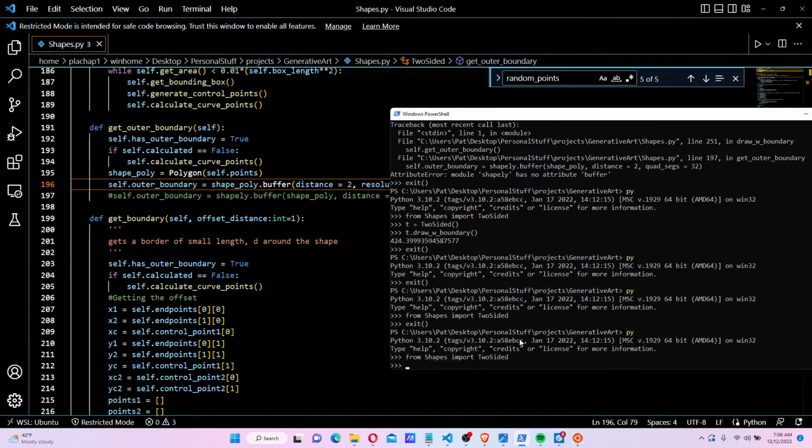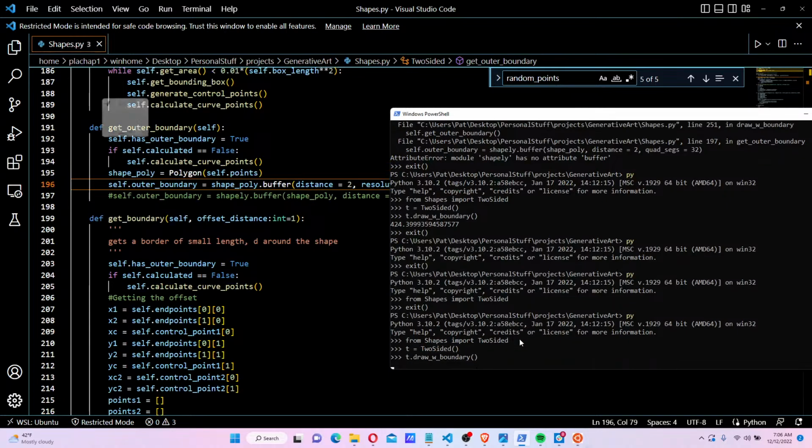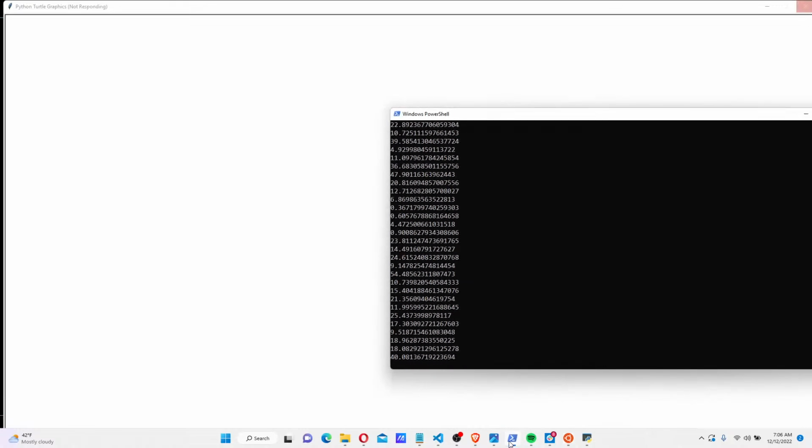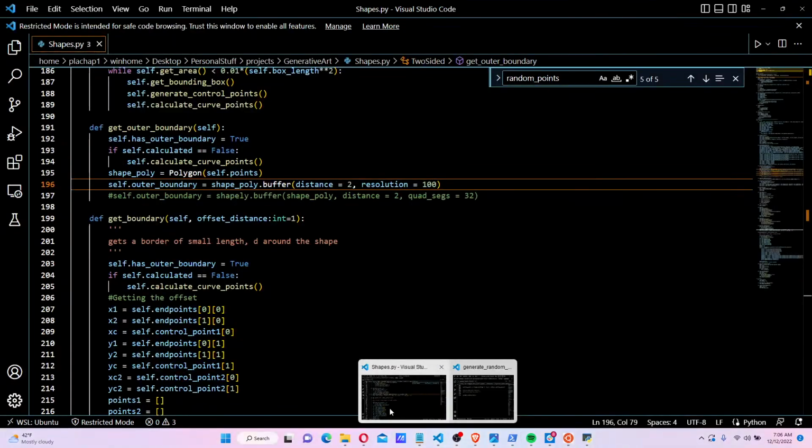Oops. There, it doesn't even start. Oh, and it did this thing again. I don't know why it does that. Sometimes it seems like it just can't. It just keeps failing the test of, is the area big enough?